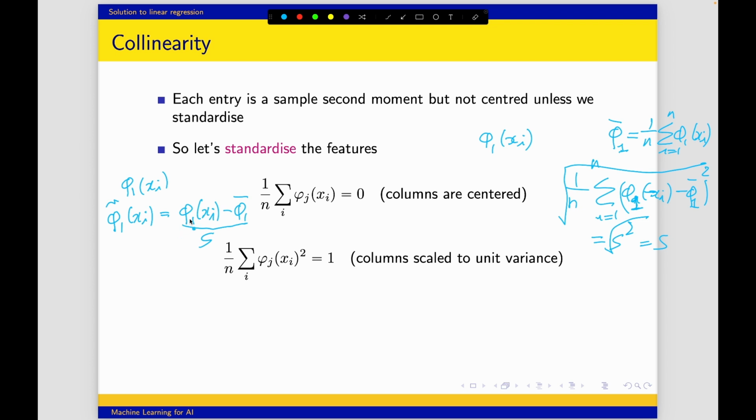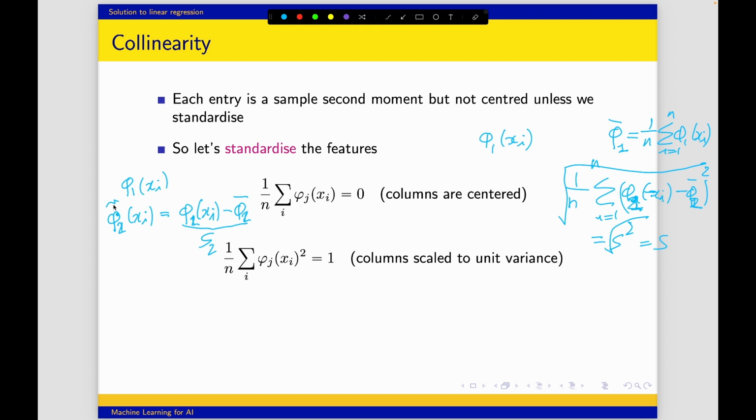And if we do that, then we'll satisfy this condition for psi1. And we do that for both psi1 and psi2. So for psi2, we do exactly the same thing, where now the standard deviation will be based on the psi2 values here and the mean psi2.